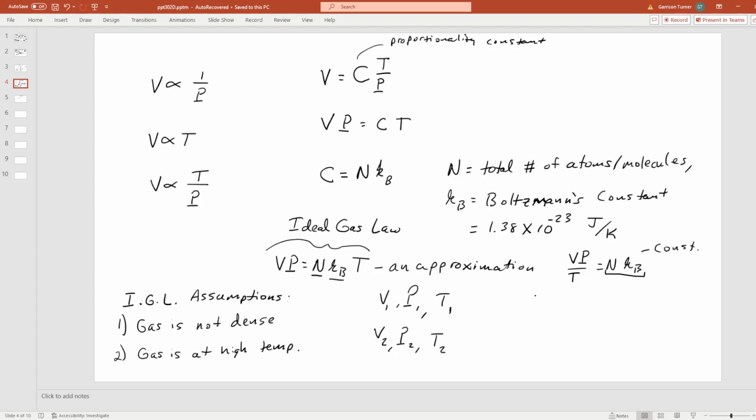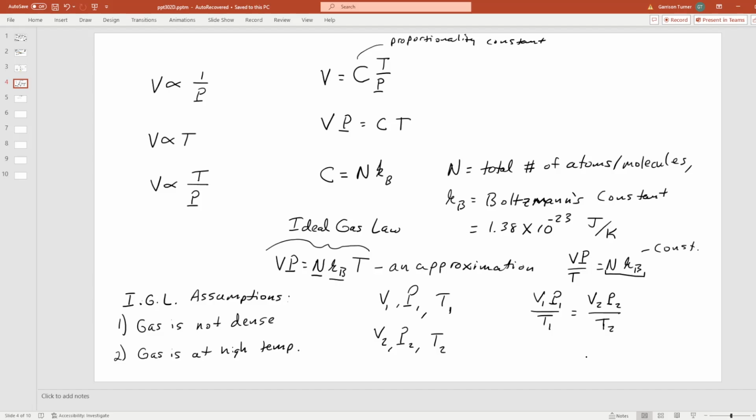So this ratio must be true: V1 P1 over T1 must equal V2 P2 over T2.